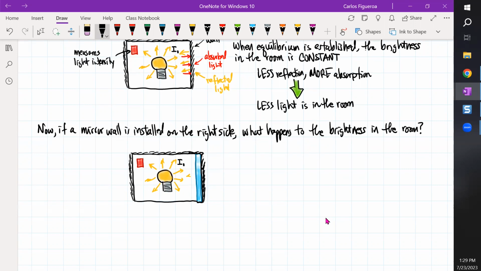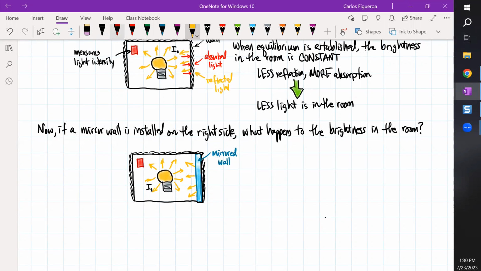So this right here is a mirrored wall. So what happens here? I want to be careful here. The light bulb has an intensity of I1. Now, instead of light being absorbed by that wall, light is now going to be reflected instead. So that means I have no absorption, but I have reflection.